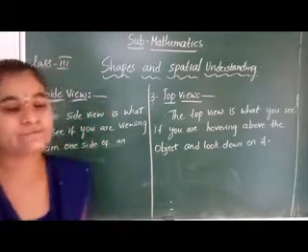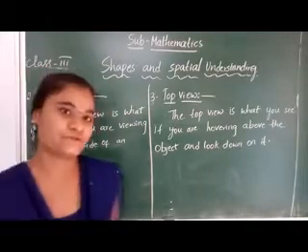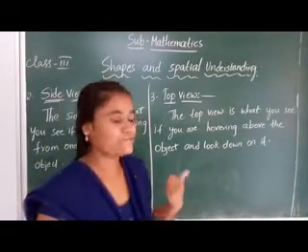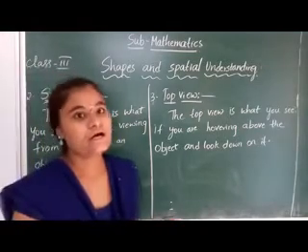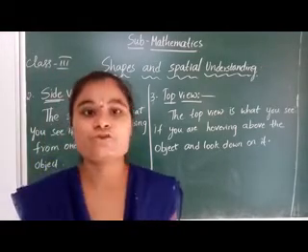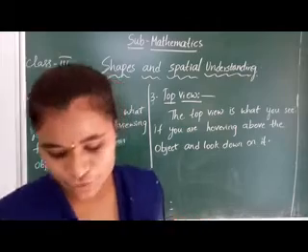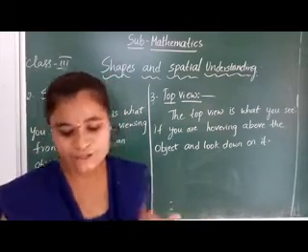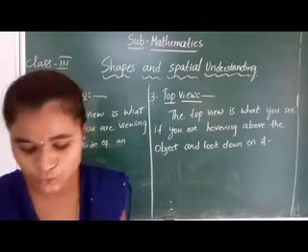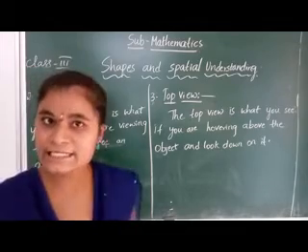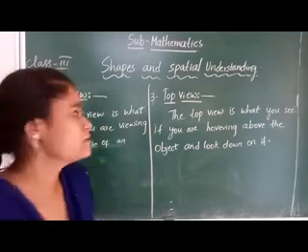So how many types of views are there? Three types of views: front view, side view, top view. The front view is what you see if you are standing directly in front of an object.